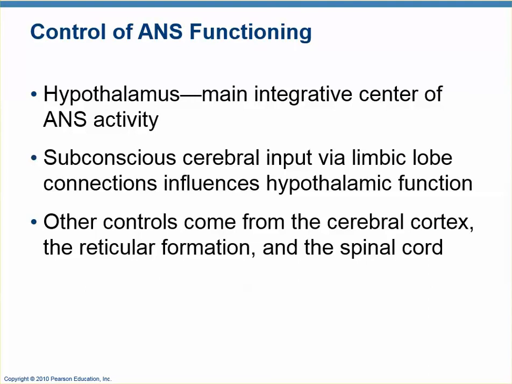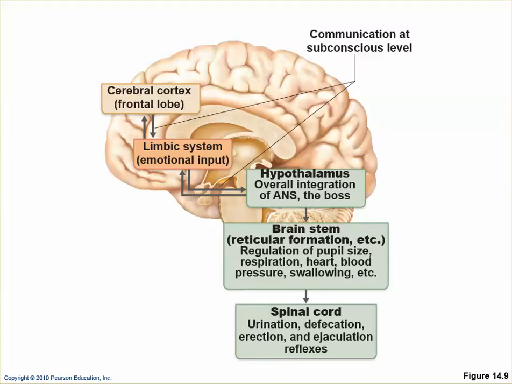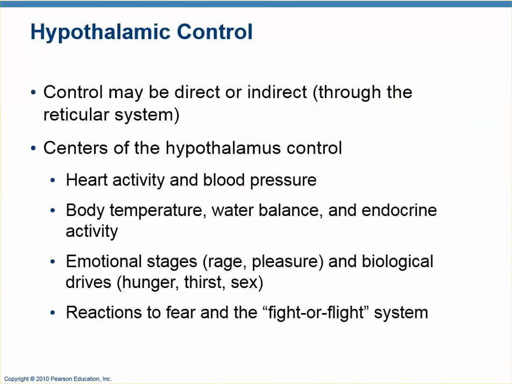So it's all controlled by the hypothalamus, and then there's some cerebral cortex and spinal cord involvement, but mostly it's hypothalamus. I'm not going to worry too much, because when we talk about the heart, we're going to talk about hypothalamic control.